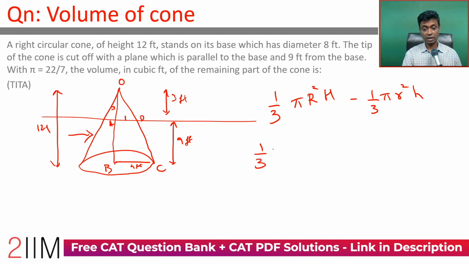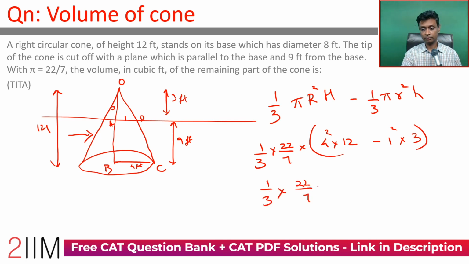So 1/3 into 22/7 into 4 square into 12 minus 1 square into 3. 1/3 into 22/7 into 3 into 64.